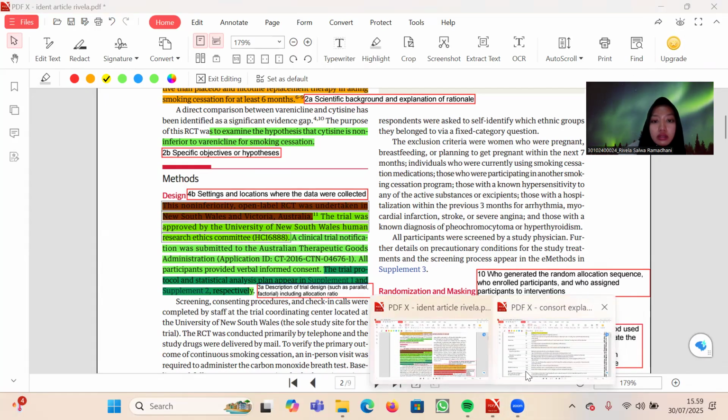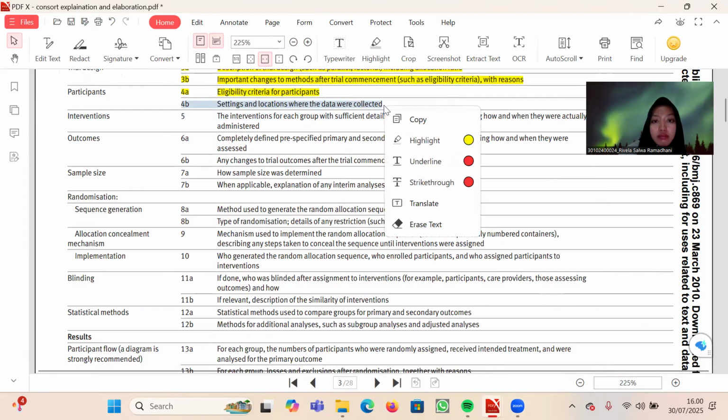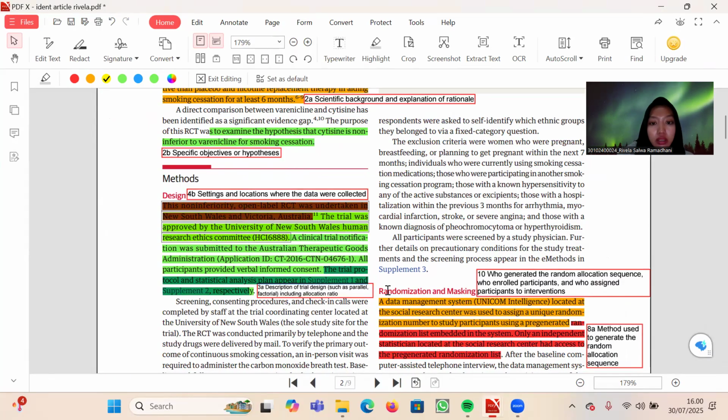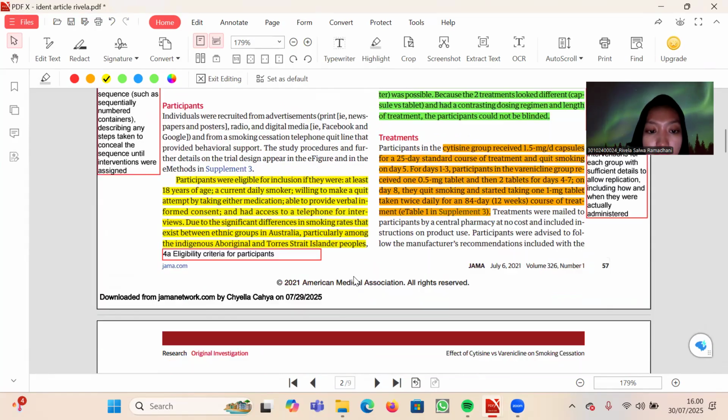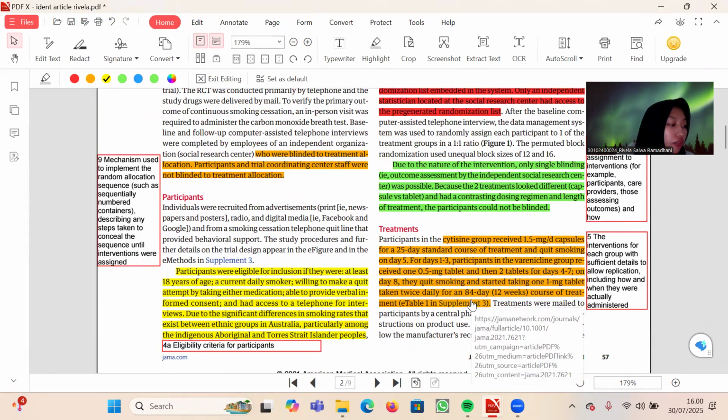Next, checklist item 5, intervention. The authors provide clear details on both treatments. Cytisine was taken for 25 days, varenicline for 84 days.